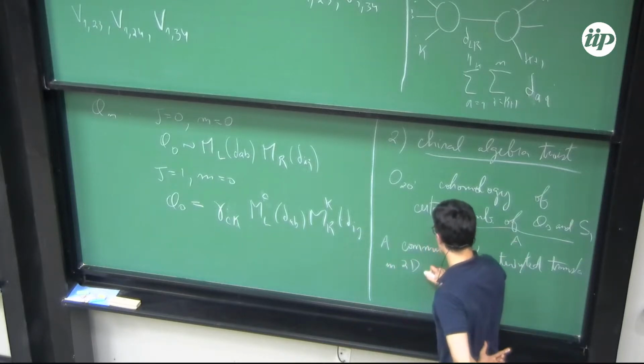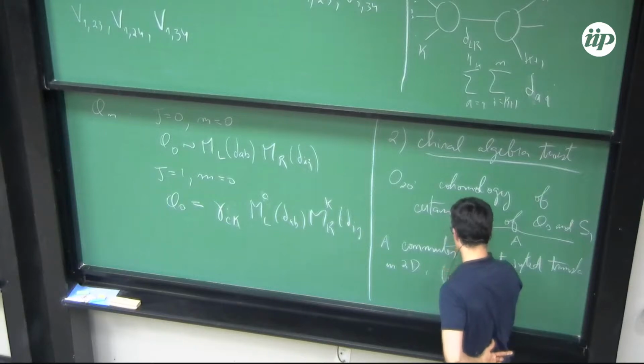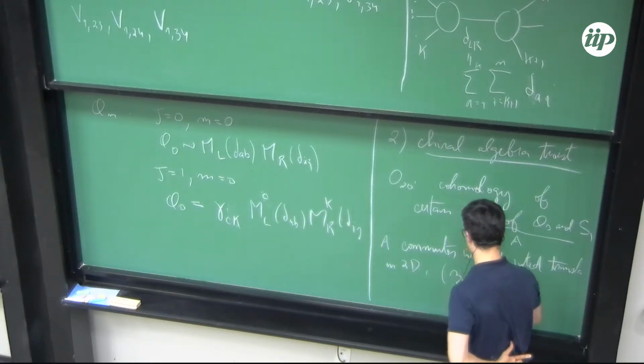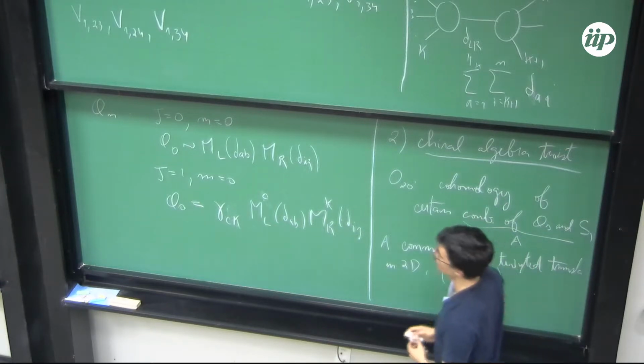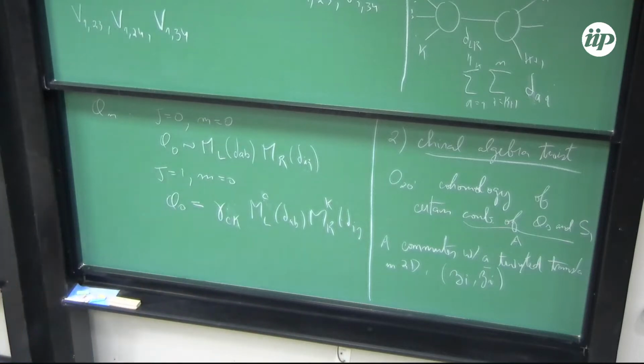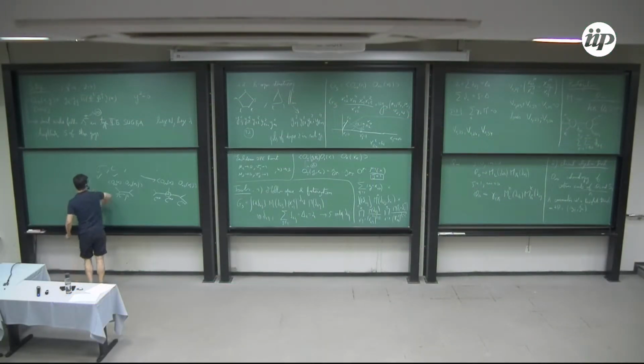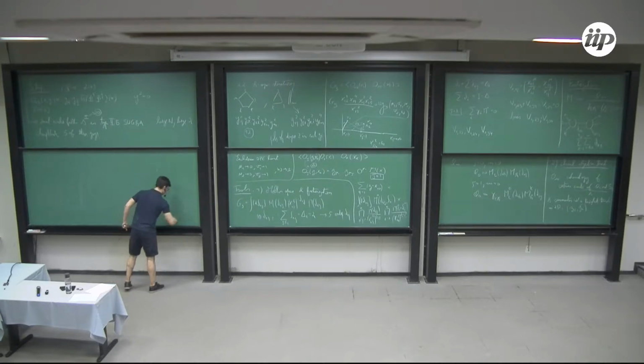And so when we go to 2D, you can label the positions. Since it's a two-dimensional plane, there are holomorphic and anti-holomorphic positions. And so if we choose, there is the twisted translation, which commutes with that combination of supercharges.